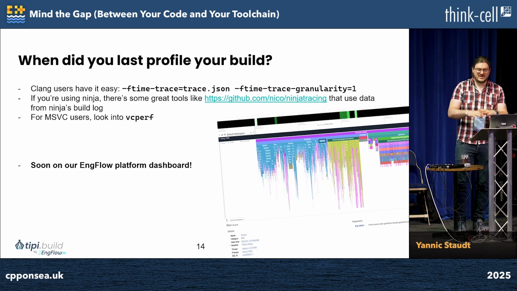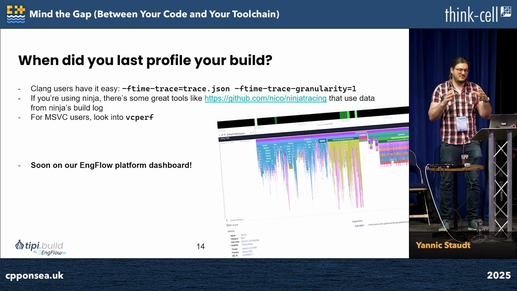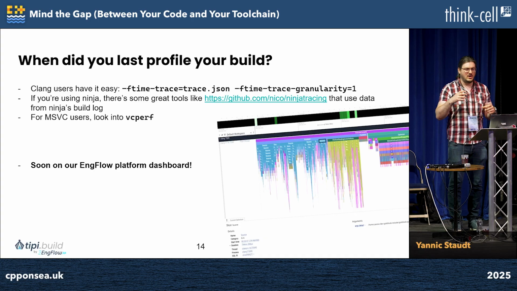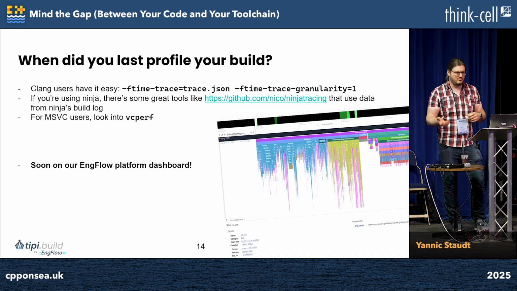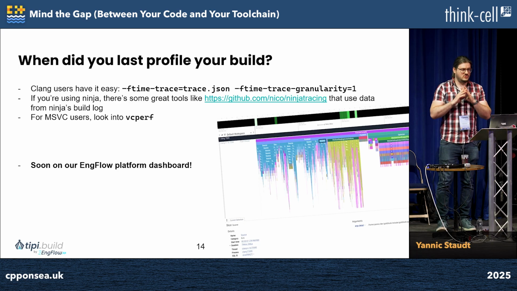And really, that whole category of tools is there to help you pinpoint the part of your build that is unbelievably slow and you have no real idea what it is. The great news for everyone using Clang is that you have the best tooling in the world.